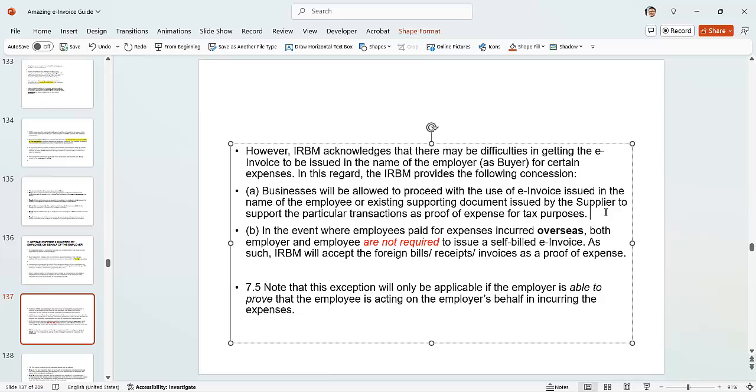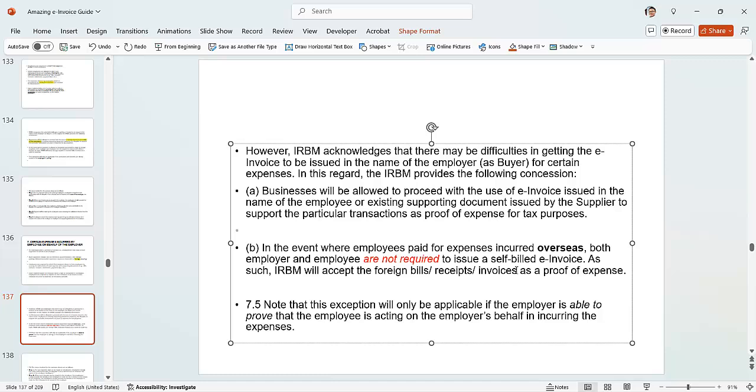In the event where expenses are incurred overseas, you are not required to issue a self-billed invoice. So if it's a foreigner overseas, there is no need. The exception is only applicable if you are able to prove that the employee is acting on behalf of the employer. So you have to provide some proof, right?